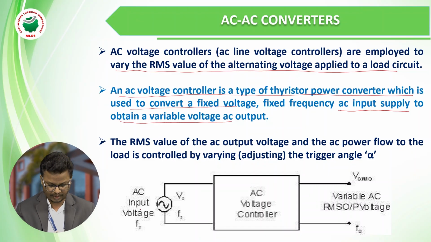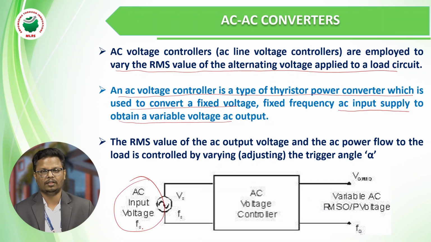We give the AC voltage input with a fixed frequency, where Vs is the voltage and Fs is the source frequency. In between we have the AC voltage controller, which after doing its function gives the variable AC output voltage with fixed frequency. That is about the basic points.